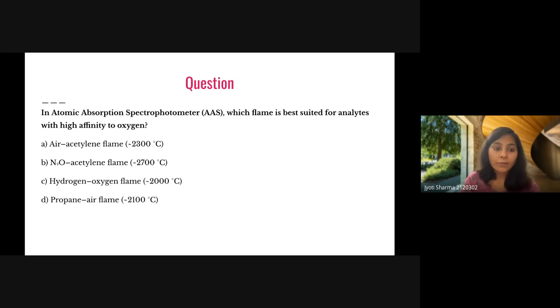Venkateshwara gave me A answer. But yes, someone gave me B. Pradeep gave me B. So this is N2O acetylene flame that we will use whenever our analytes have the high affinity with oxygen.